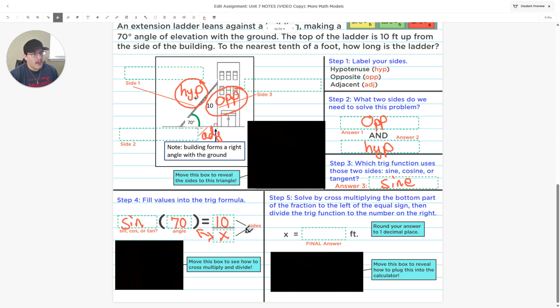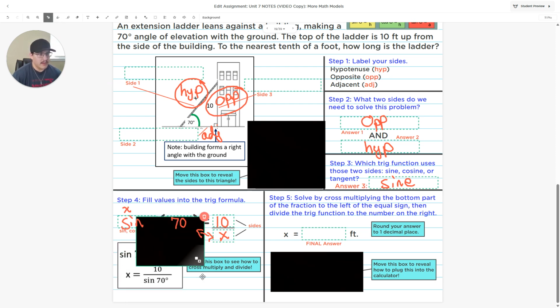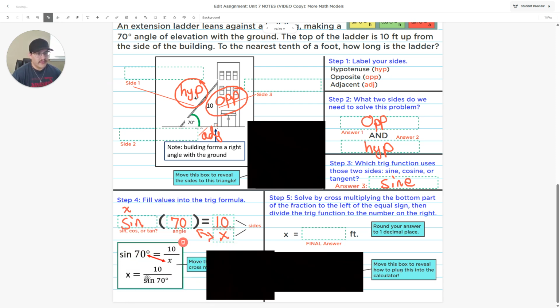Basically, we multiply by x on the other side, and then we divide by the sine of 70 on the right side. Cross multiplying is essentially switching around the places of those two things. So we should get, and I'm going to move this box to show y'all, x equals 10 divided by sine of 70. Again, we're switching around, cross multiplying, and dividing this time.